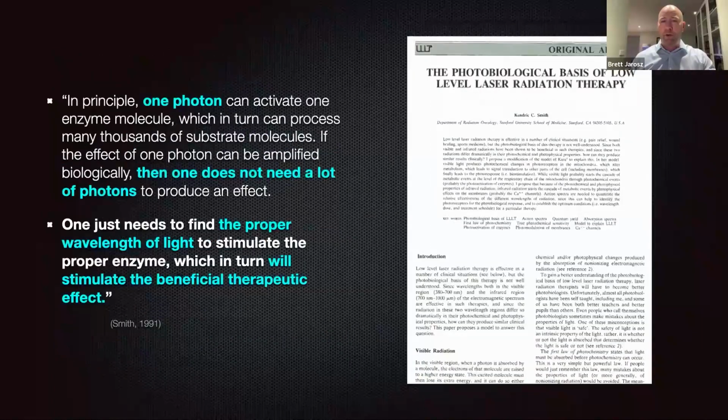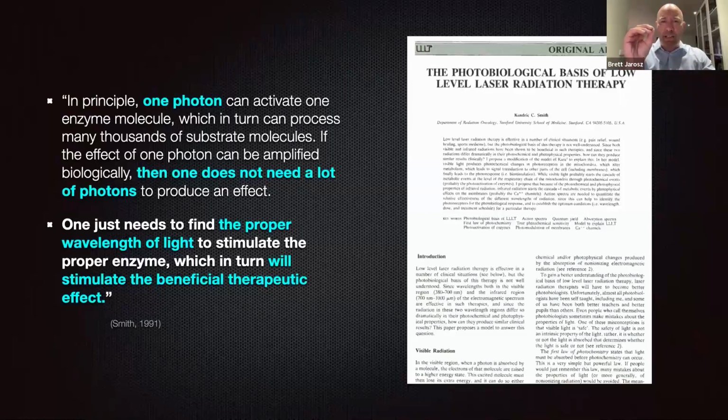Now, keep building on that idea of this photochemistry and quantum. In principle, one photon can activate one enzyme molecule, which in turn can process many thousands of substrate molecules. If the effect of one photon can be amplified biologically, then one does not need a lot of photons to produce an effect. So again, the idea that we're really starting to push here is understanding with light therapy, it's not about having heaps of photons.